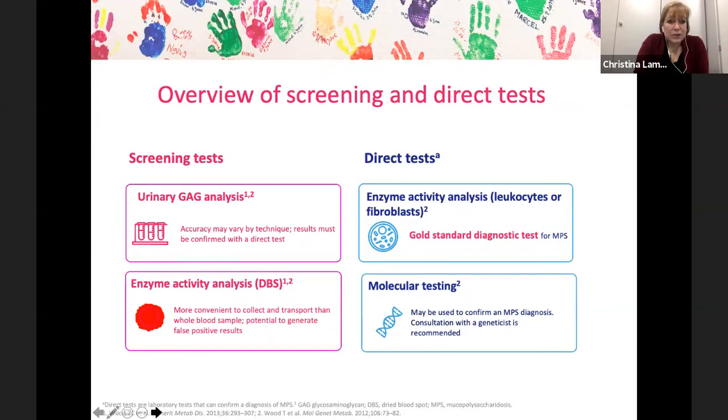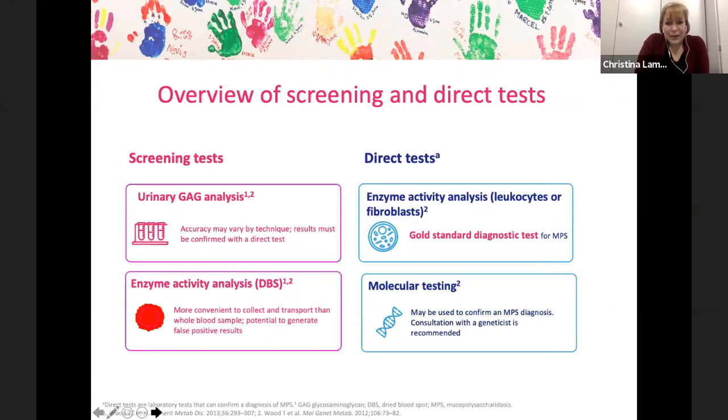But in younger and more severely affected children, it's a good test to understand whether you have to make further diagnostics of MPS. But you cannot be sure that if the GAG excretion is normal in urine, you don't have an MPS patient. But it's a good and easy way to test, and you don't have to take blood.